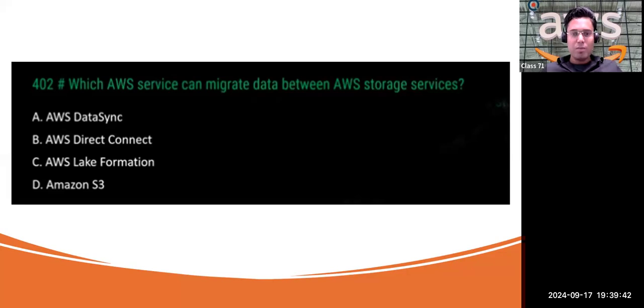It means your on-prem is directly connected with your cloud. So for storage service, when you want to migrate everything to the cloud, then DataSync. We had a similar question in yesterday's class, which said a large amount of files they are moving to the cloud. So then DataSync.